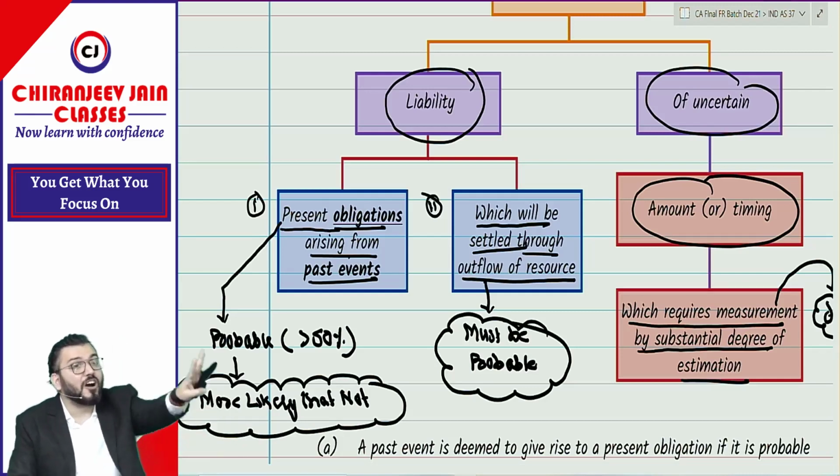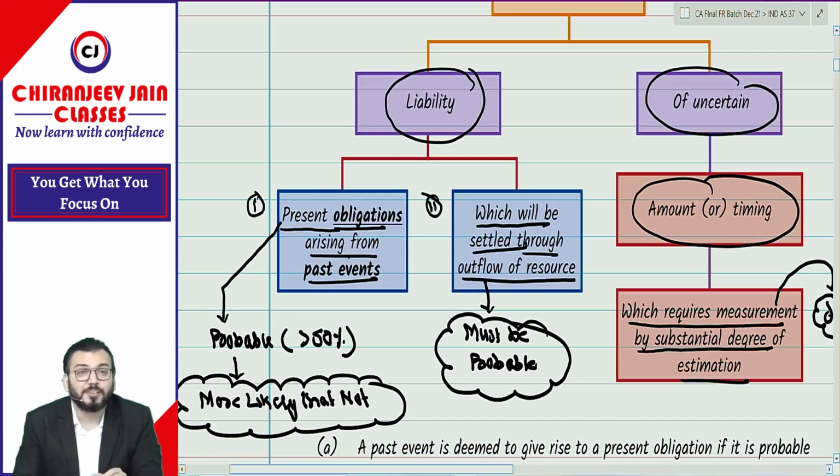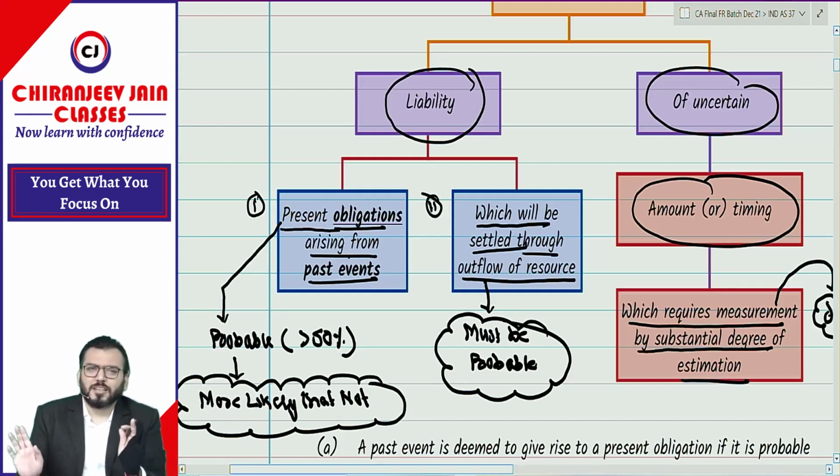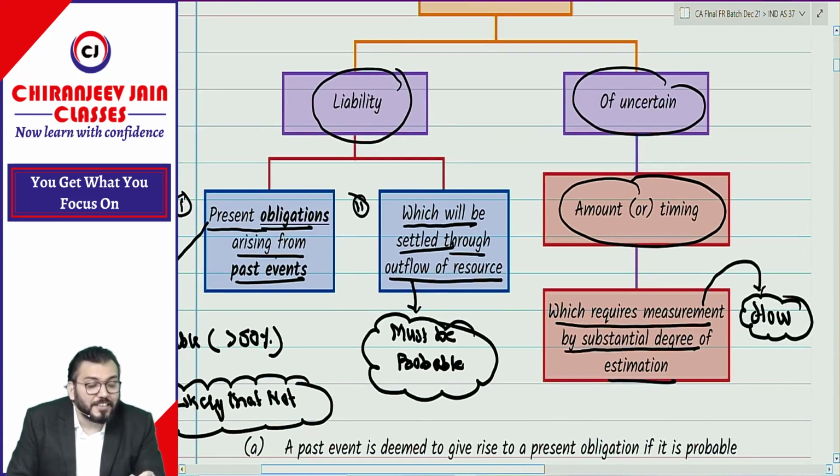But for provision, how many conditions? 3 conditions. What are the 3 conditions? First condition, there must be present obligation arising from past event. Now use the word whatever is given under Ind AS. Second, outflow of resource which is required to settle the obligation must be probable, and third, it requires reliable estimation.